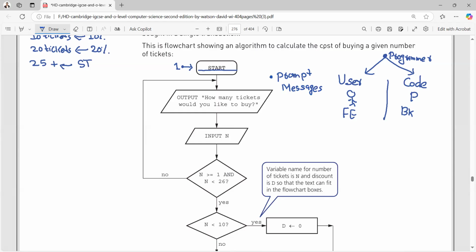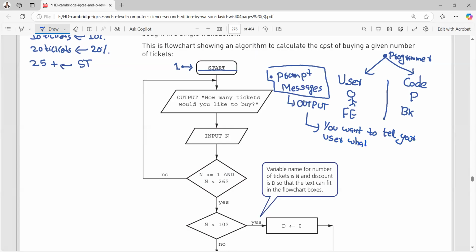They are the type of messages that you generate with the help of command output, and you generate them because you want to tell your user what they want to input.